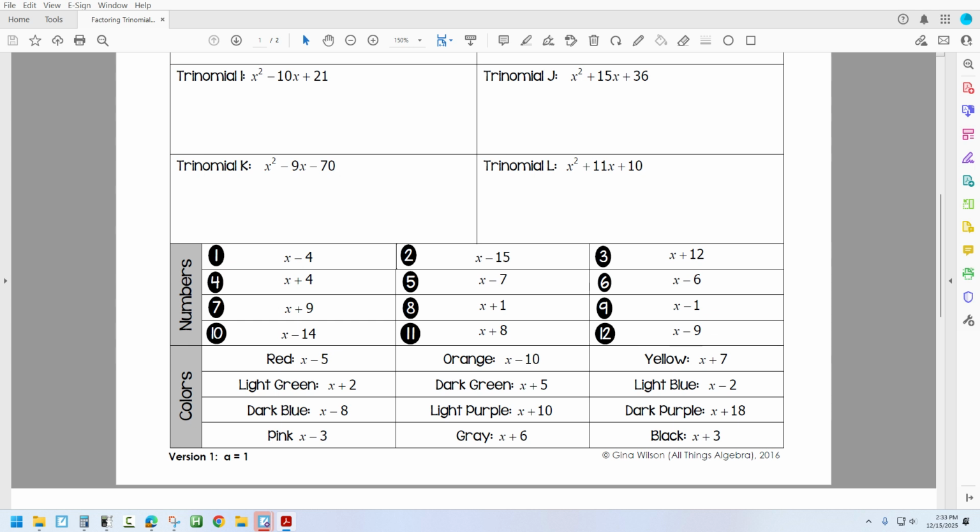Yeah, number 9, right here. Number 9 is x minus 1. What was the other factor we had? X plus 6. So remember 9. Now, do you see an x plus 6 in the bottom? Gray. There's the x minus 1. There's the x plus 6.